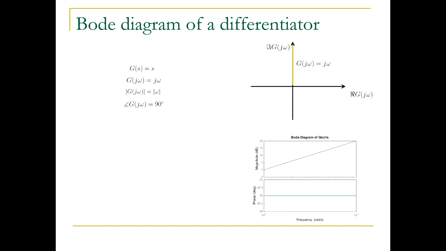And this basically says, well, look, the gain as we increase omega would grow, right? And then the phase will always be 90 degrees. Now, what can we learn from this gain phase characteristic?